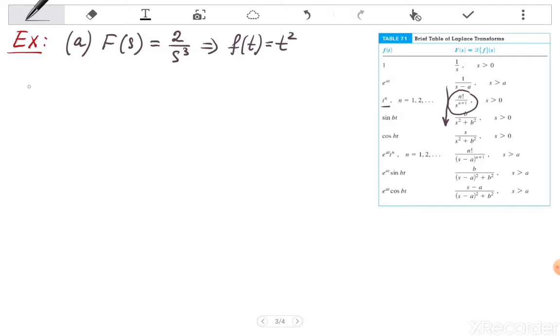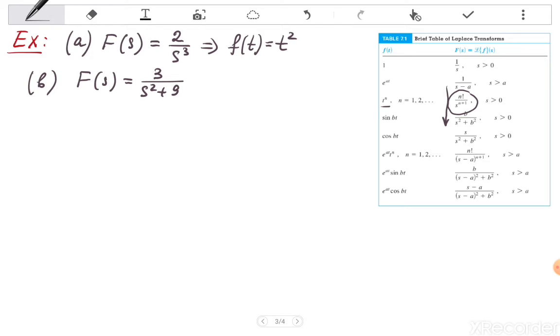Okay, next example. Assume that the Laplace transform of a function is 3 over s squared plus 9. Again, we go through the table and try to find a similar expression in the right column. A similar expression we can see for sine bt and cosine bt: the denominator is s squared plus b squared.